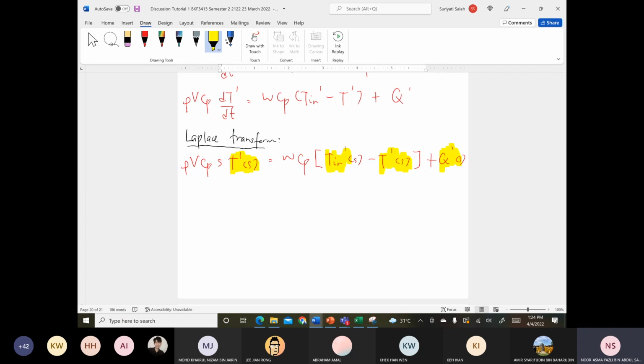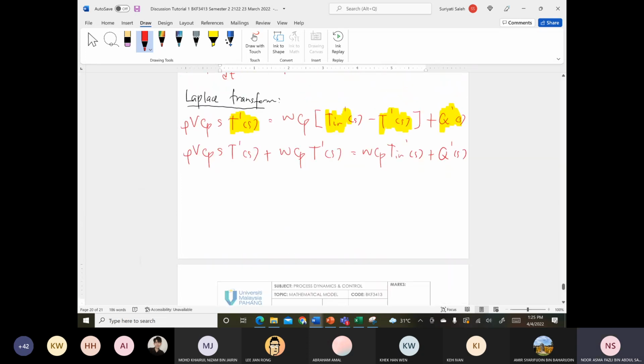So the first thing that we can rearrange is the outlet temperature T on the left and the right hand side. So we can put it together on the left hand side. So it becomes rho V Cp s T prime(s) plus W Cp T prime(s) equal to W Cp T in prime(s) plus Q prime(s).